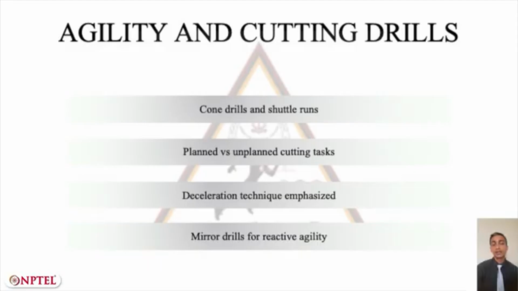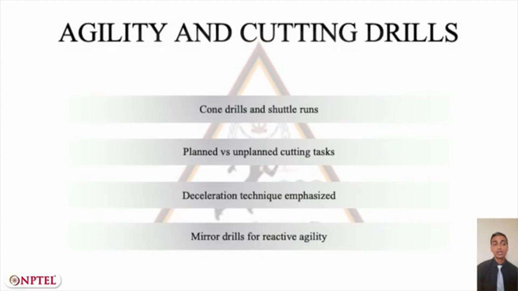Agility training replicates game scenarios. Agility is the ability to rapidly change direction or speed in response to a stimulus while maintaining control and balance. It requires an integration of strength, power, coordination, and neuromuscular control.